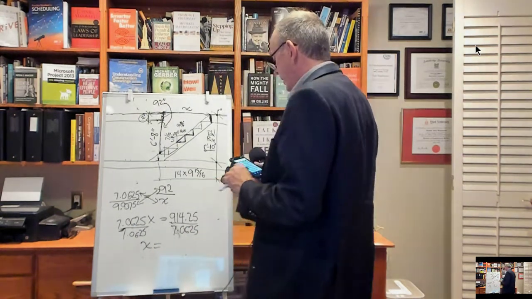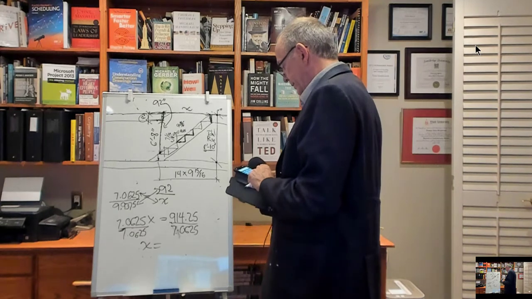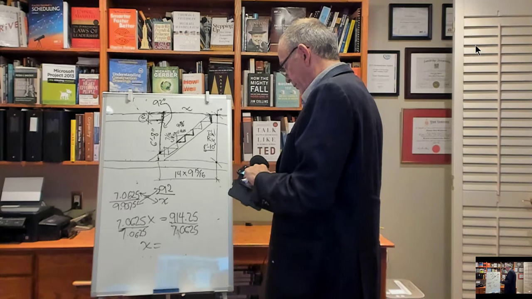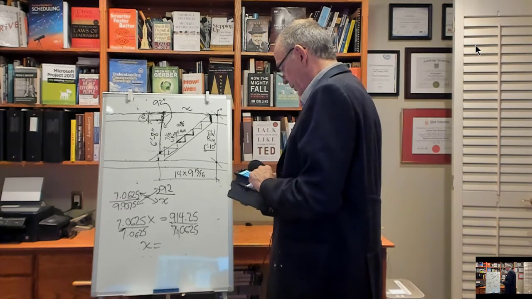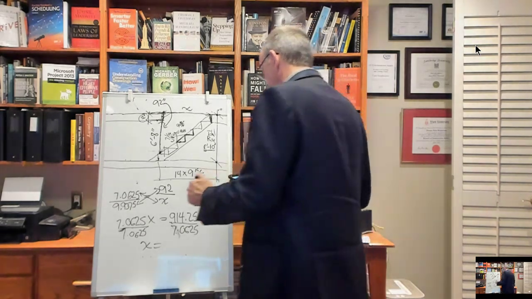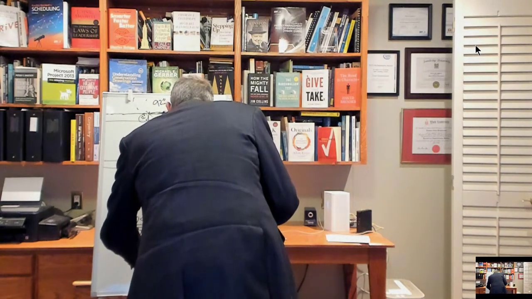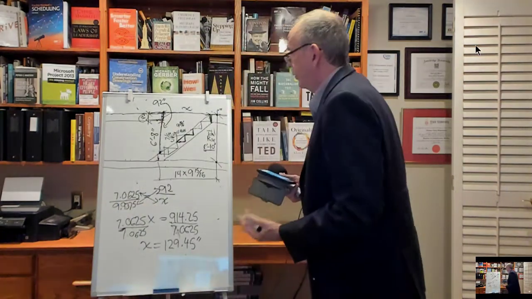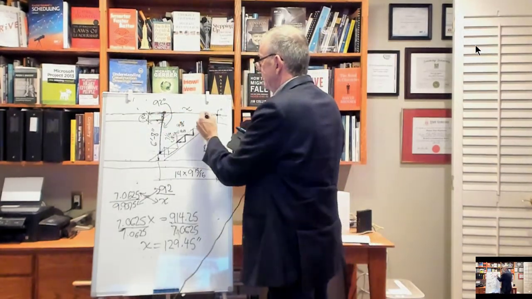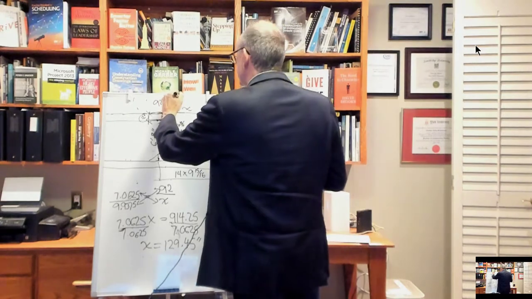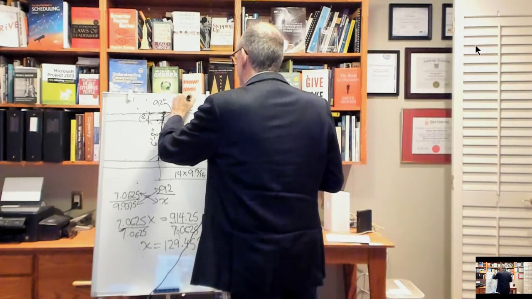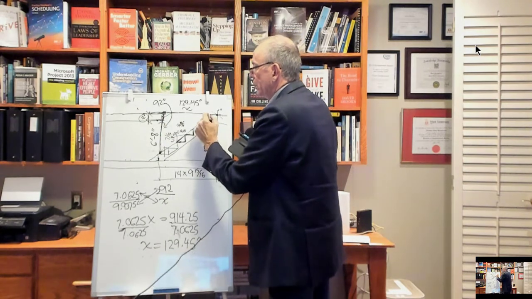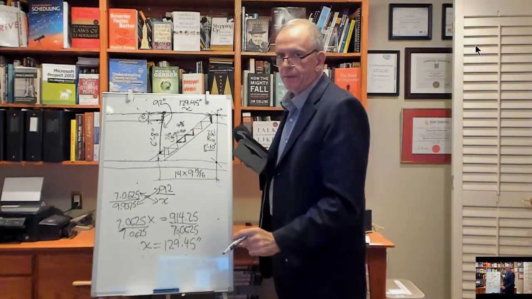Okay, and so that's going to be divided by 7.0625. 129.45 inches. So x from here to there is 129.45 inches. So that's my opening, but that would actually be my finished opening.